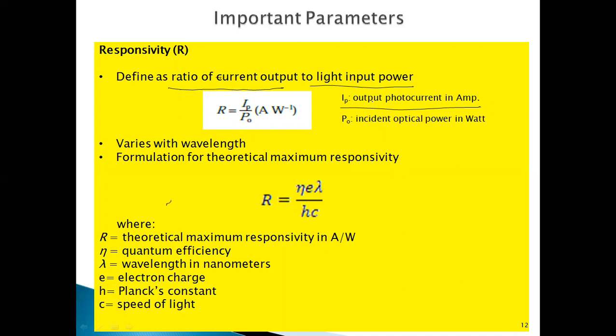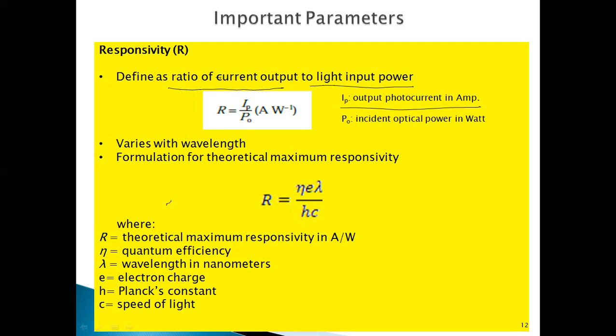So this photocurrent is produced from the flowing of these carrier pairs. And P naught is the incident optical power, which is the light incident on the photodiode. That is why the responsivity is given by this equation.